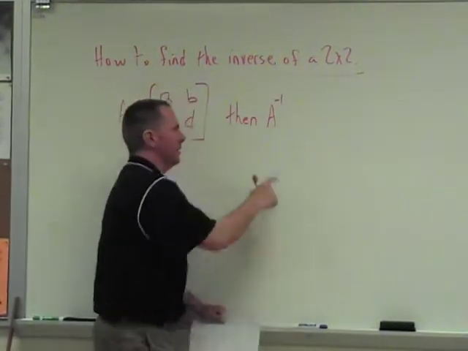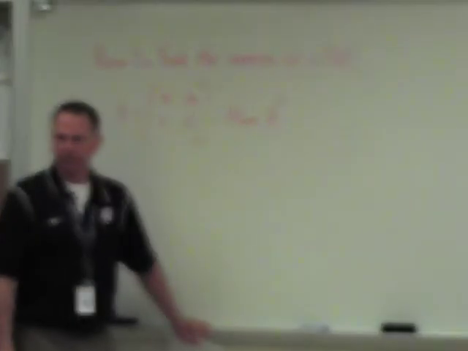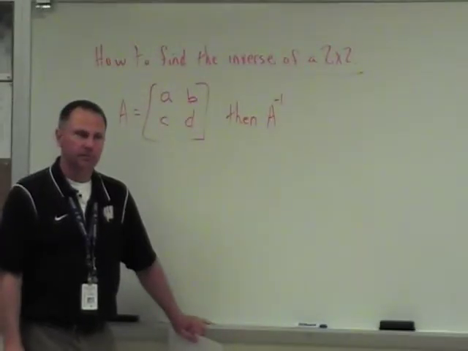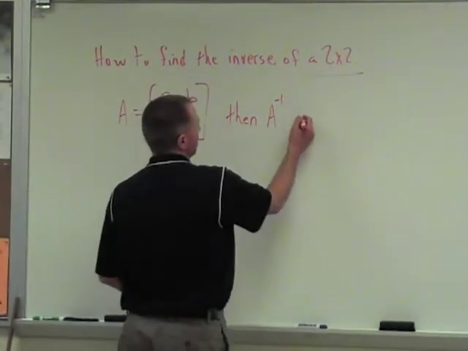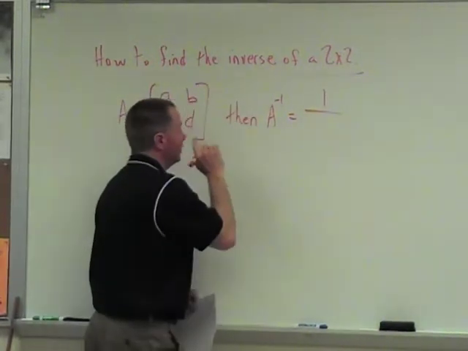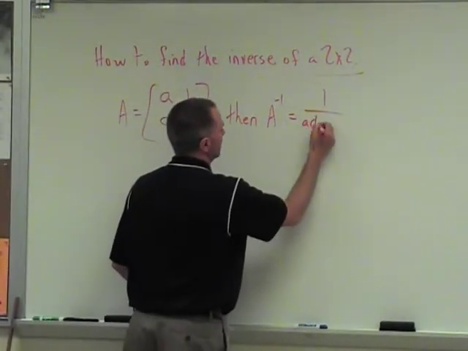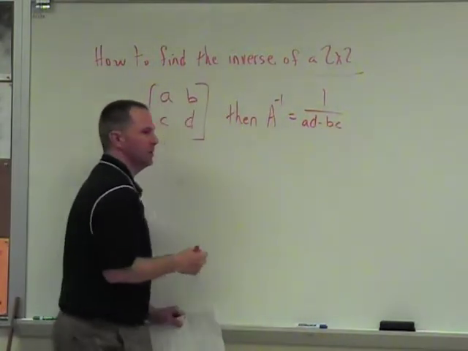First of all, that little symbol there means you're talking about the inverse. Does that ring a bell? Alright, so this equals 1 over A times D minus B times C, or C times B, doesn't matter.